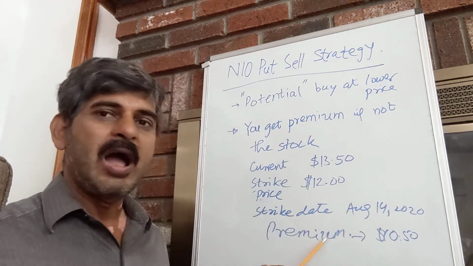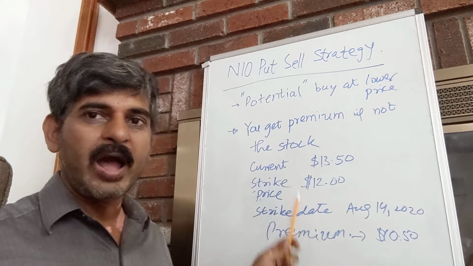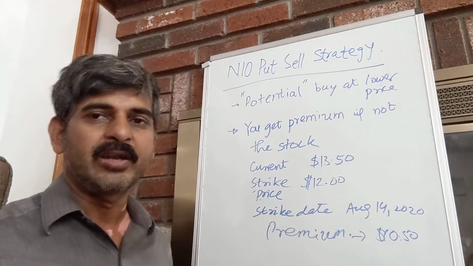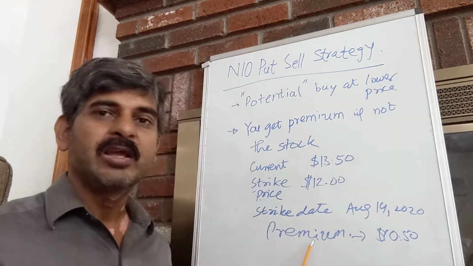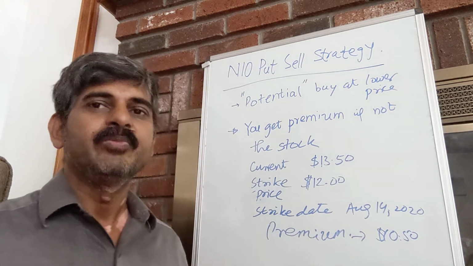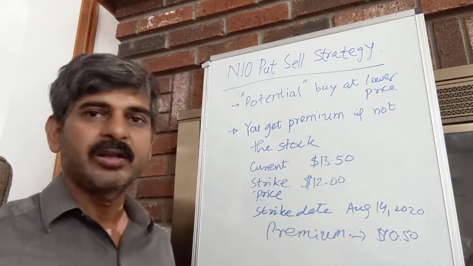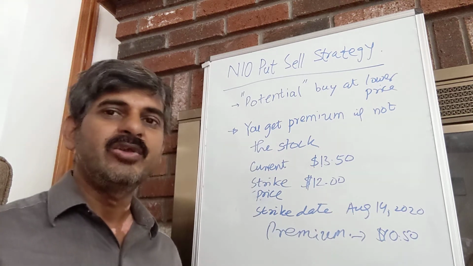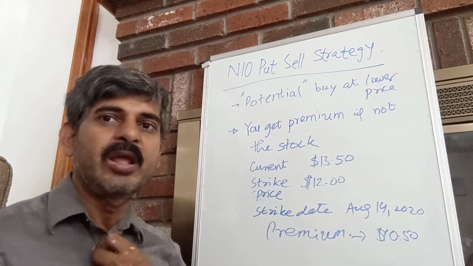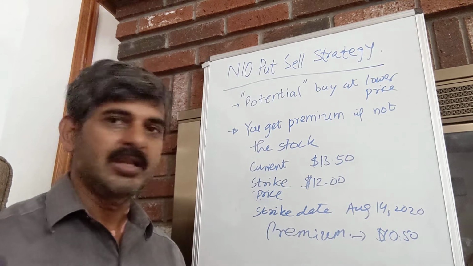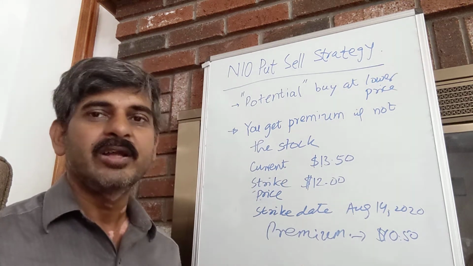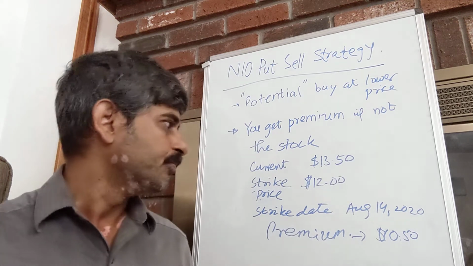Once in a while, even when I set it lower, the share gets allocated because of some wrong news or something. I do get that stock, which is fine. I get it at much lower than the current price, and at that point I use another strategy. I call it the call sell strategy, which I think I covered in another video.